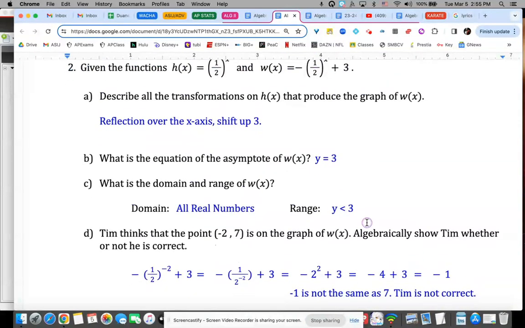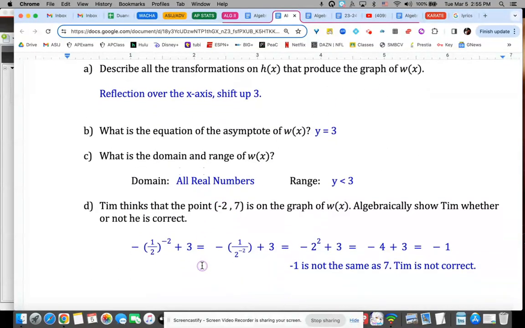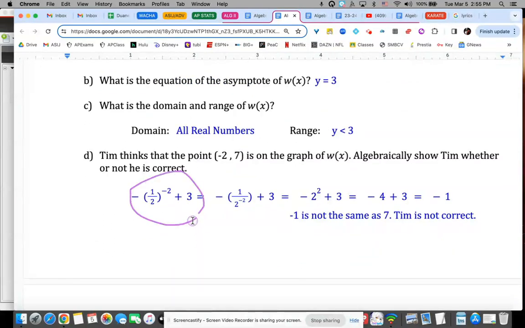All right, last piece. Tim thinks that negative 2, 7 is on the point, so they just want you to try negative 2. You take negative 2, put it in for x up here. So you can see I've done that in the equation here. All right, so we have to kind of work through this. This negative is not being squared, right? It's just the 1/2 goes to the negative power.